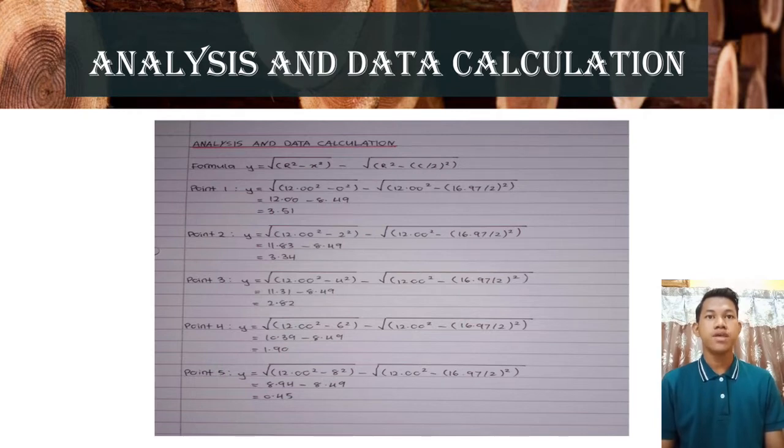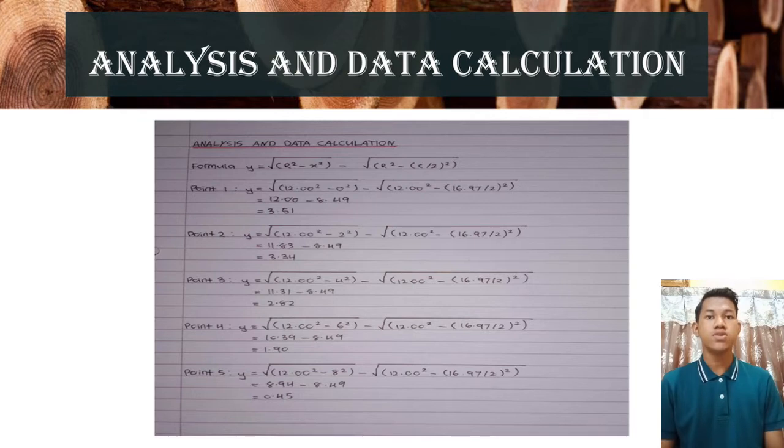So the answer is 3.51. For the next points, we just need to calculate the equation on the left only, because only the value of the interval changes. 0.2 will get for the first equation 11.83 minus 8.49. So the answer is 3.34. 0.3 will get 11.31 minus 8.49.